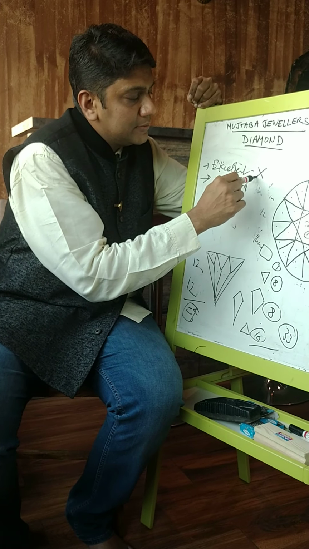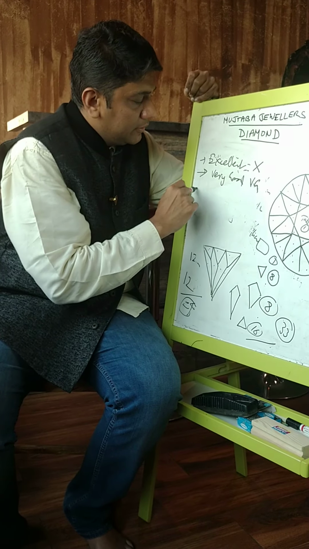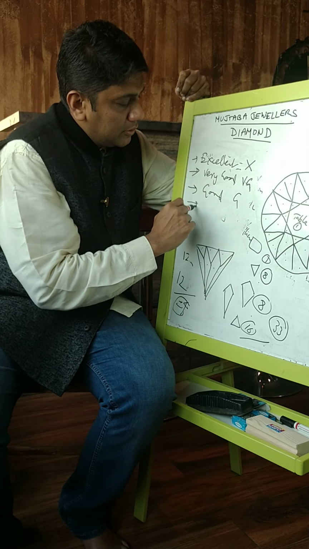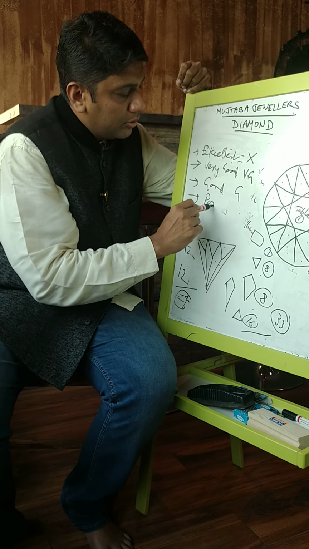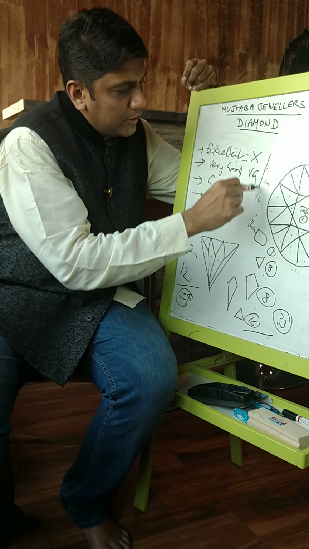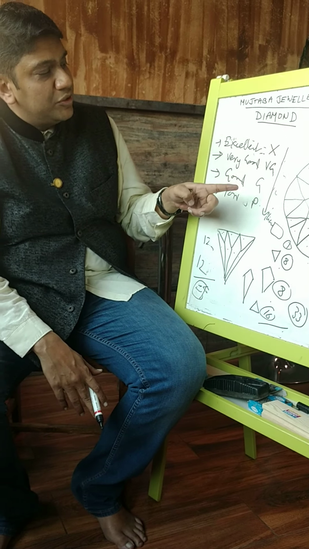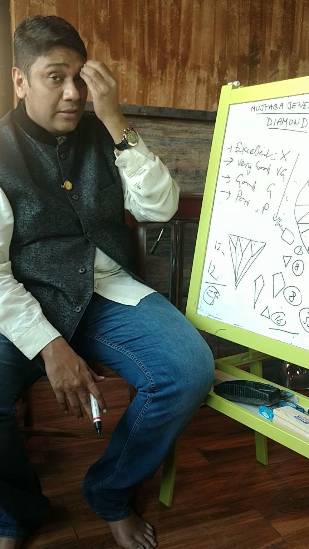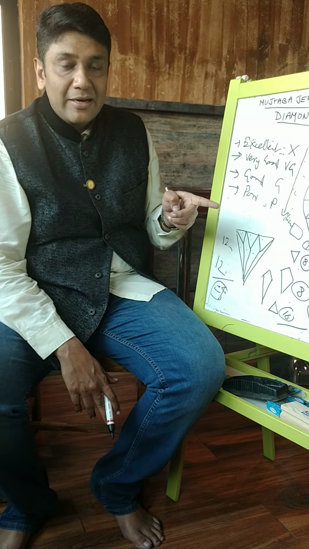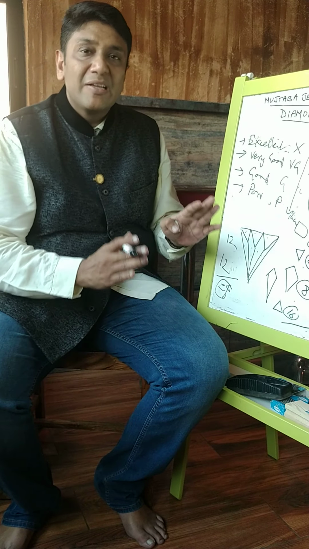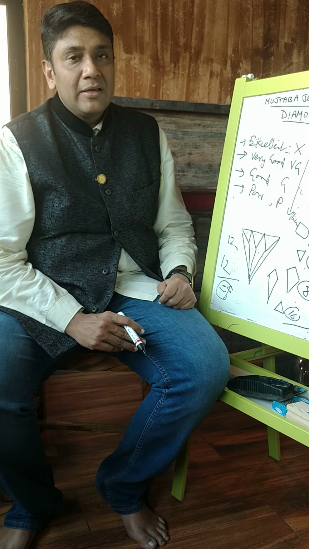This is called X. This is called VG. Then good. Then poor. This way, if a certificate mentions X, VG, G or P, then you can understand how exactly the cut is. That defines whether your diamond is properly cut or not.